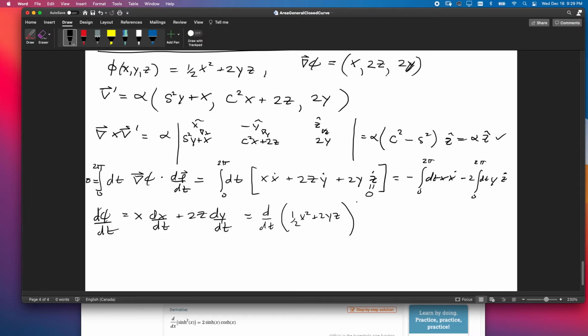So this integral has to equal 0. I just don't see it right now.